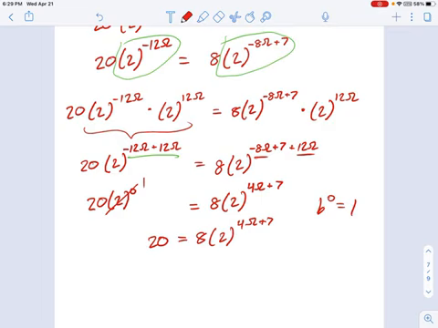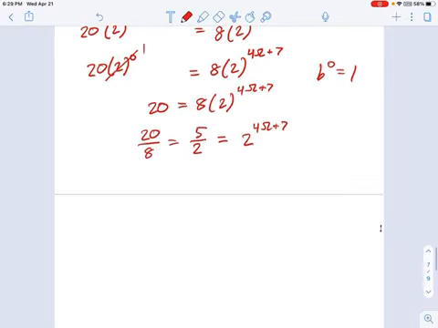And now divide each side by 8, and you get 20 over 8 equals, well, let's just simplify that, 5 over 2. 5 over 2 was the left side of the equation, and that equals 2 to the 4 omega plus 7. Okay?